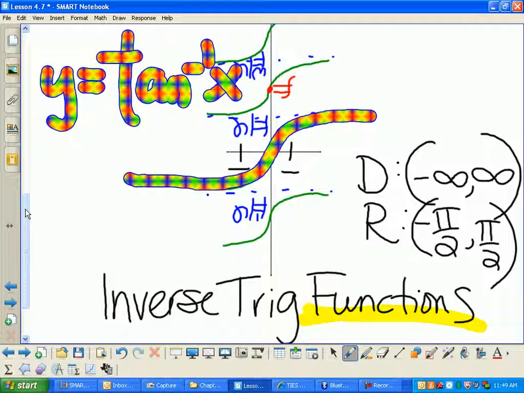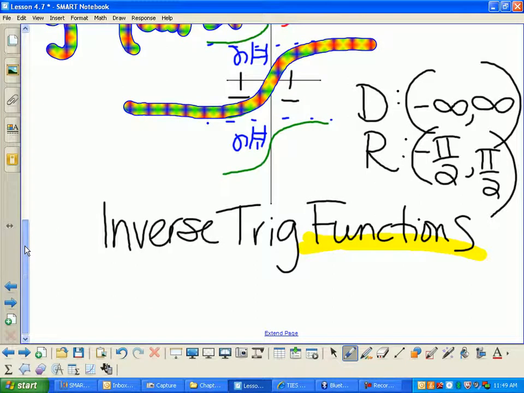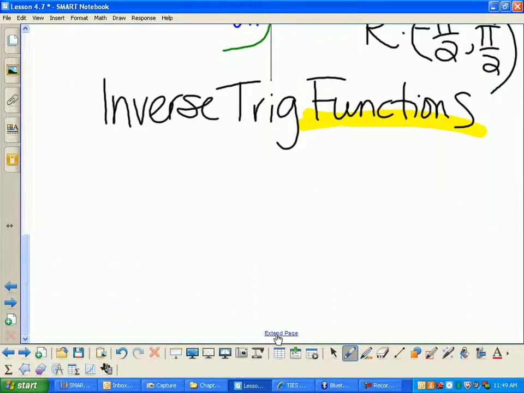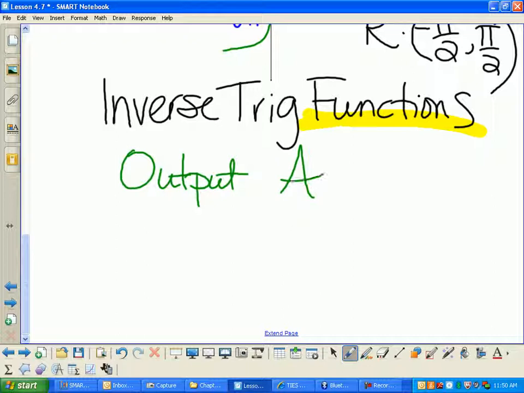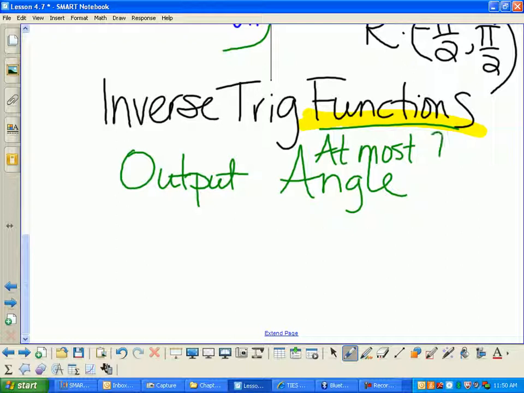But with inverse trig functions, you put in a number. And for all of them, the output, or the range, is an angle. So a big idea is that when you do an inverse trig function, your output is always going to be an angle. And since it's a function, it's going to be at most one angle.